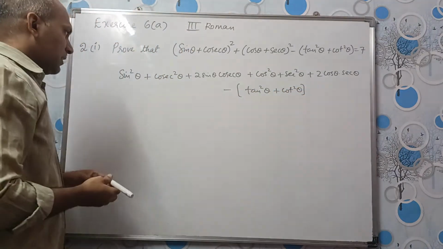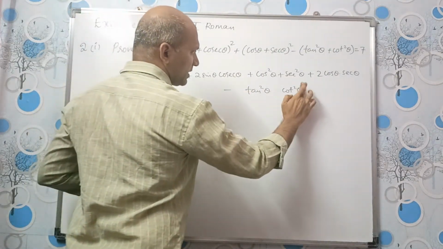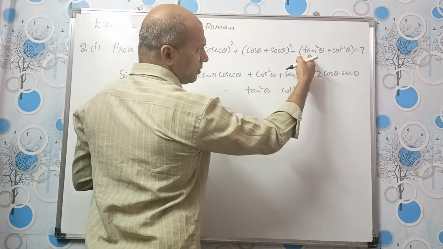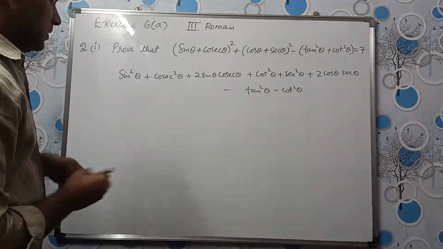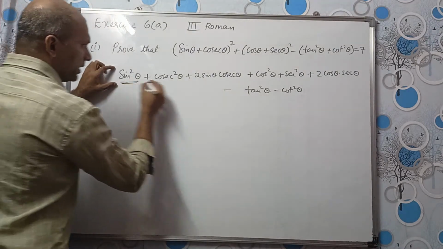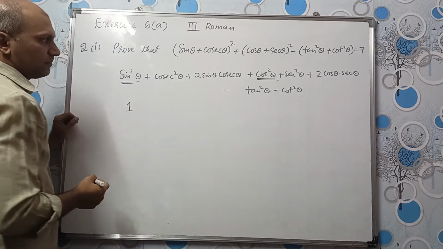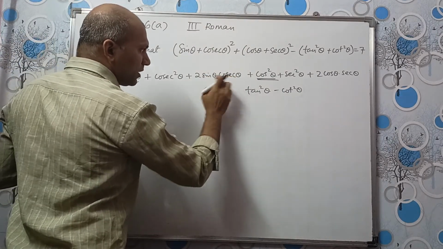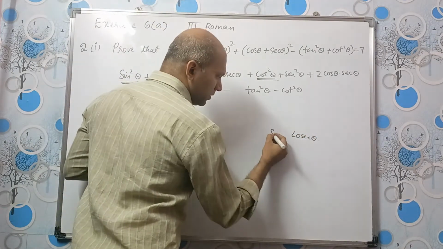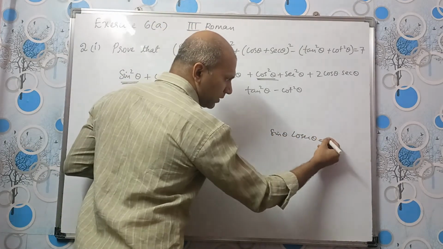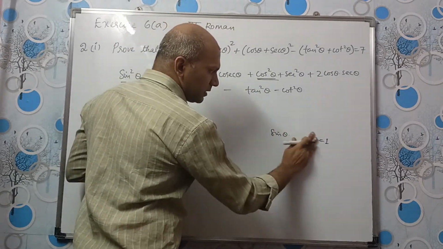Or see, if you remove the brackets, we'll have minus here, right? Minus into plus is minus, minus into plus is minus. All right. See, this sin square theta plus cos square theta is equal to 1. So let us write 1. See, these two are reciprocal functions, which means sin multiplied by cosecant will be equal to 1, because see, cosecant is what?